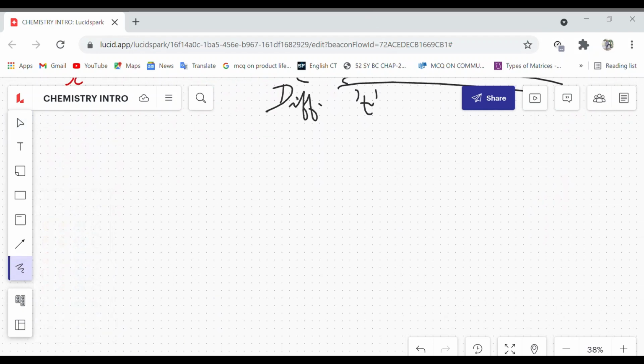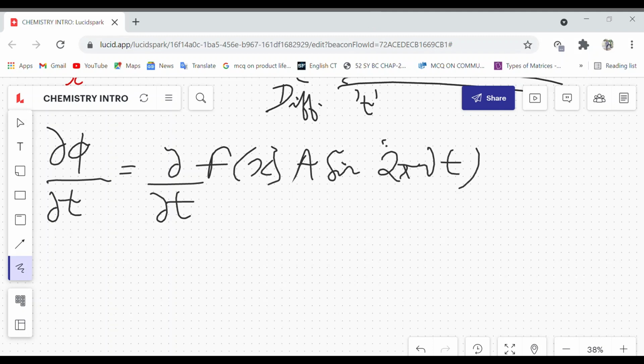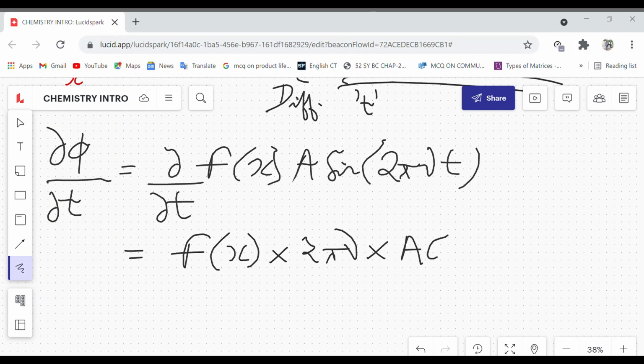If I differentiate this, dou phi by dou t, then it will be f of x into a sine 2 pi nu t differentiated, which will be f of x into 2 pi nu into a cos 2 pi nu t.